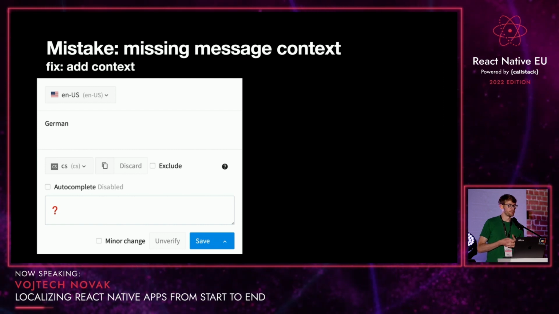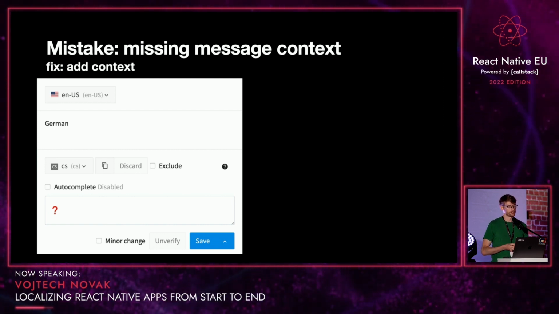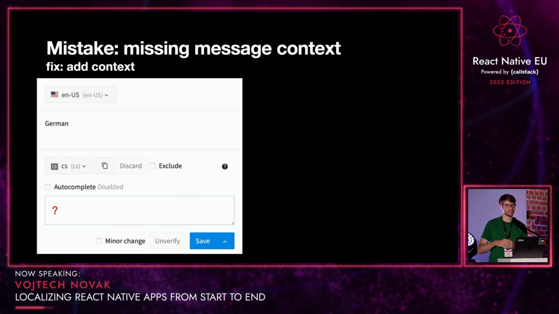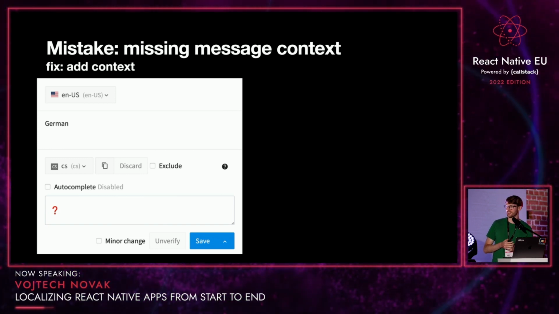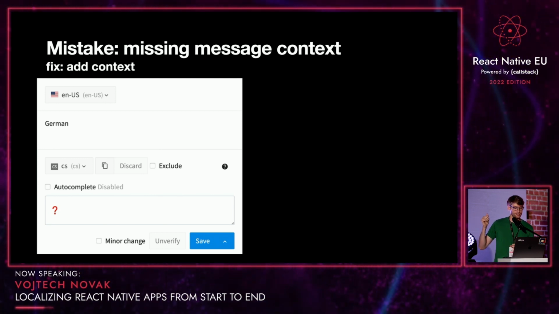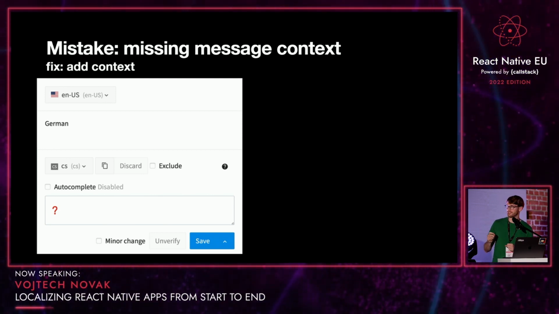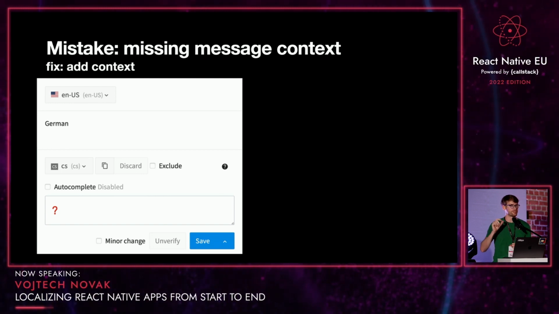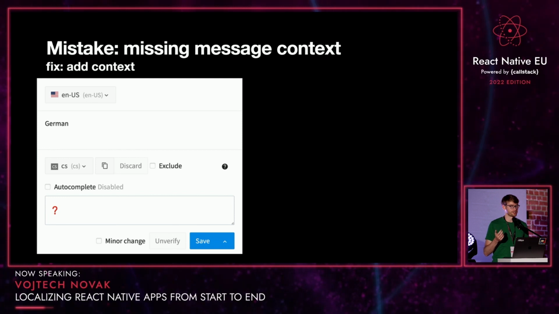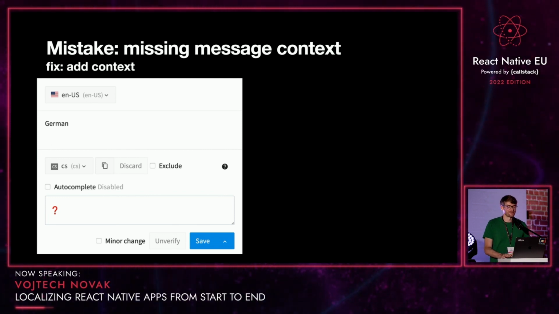All right, missing message context. I've been talking about context a lot, and I will still be talking about context. But here, imagine for a second that you are a translator, translating from English to Czech, and you're translating the word German. It's just one word, right? It can't be too difficult. But maybe you don't know Czech, so you call me up because I'm Czech, and you ask me, hey, what's the translation here? And I'm going to say, well, I don't know.